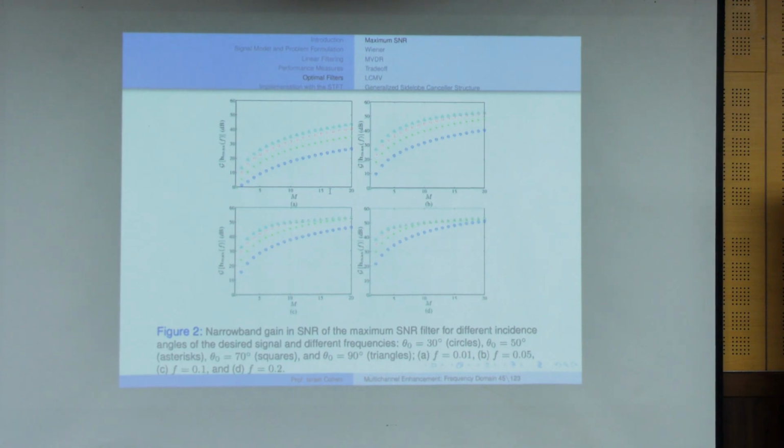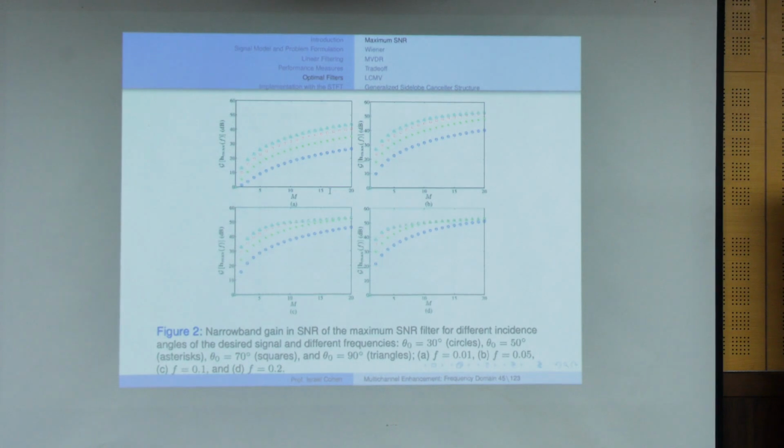Okay, so we have two options to improve the output signal to noise ratio. Either by separating, so if the desired source and interference come from different directions, have more spatial separation, or when we work with high frequencies, because with higher frequencies we have better directivity of the array, the beam width becomes more narrow, so we can separate them better.